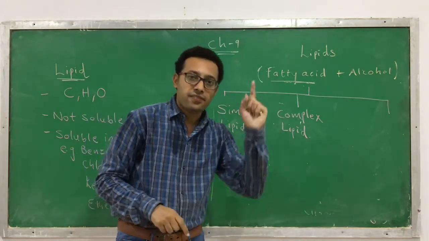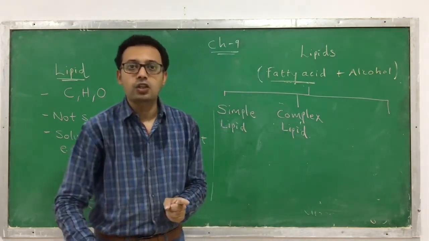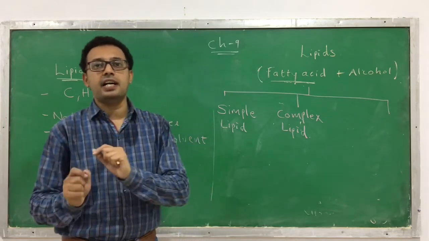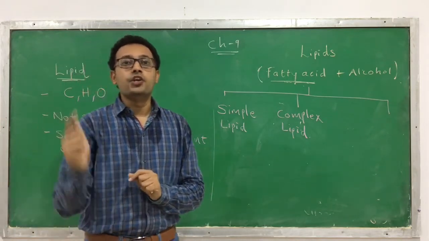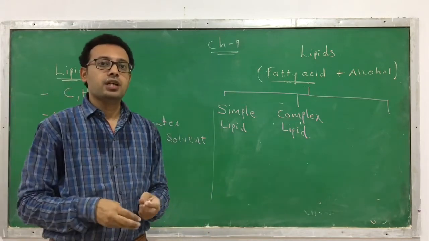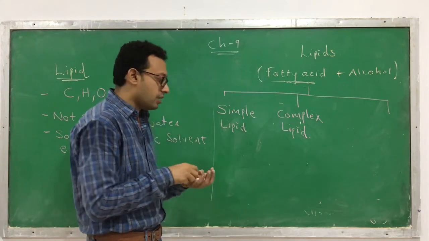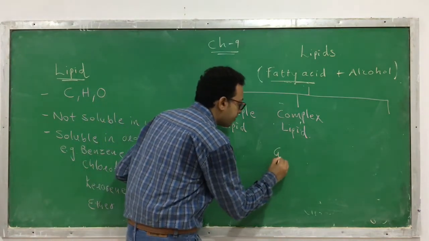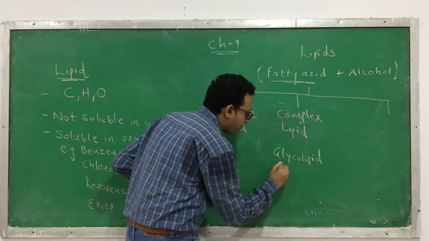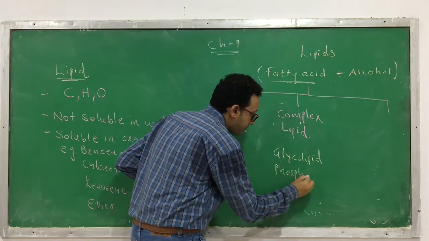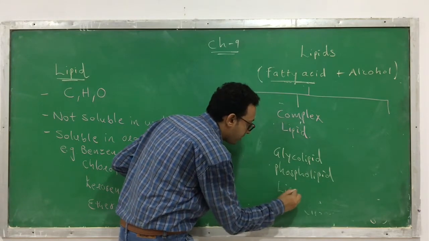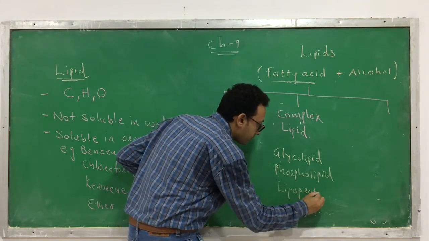Complex lipid contains fatty acid and alcohol, like a simple lipid, but along with fatty acid and alcohol, they also contain a non-lipid constituent. I will tell you the examples of this, like glycolipid, or phospholipid, or lipoprotein.